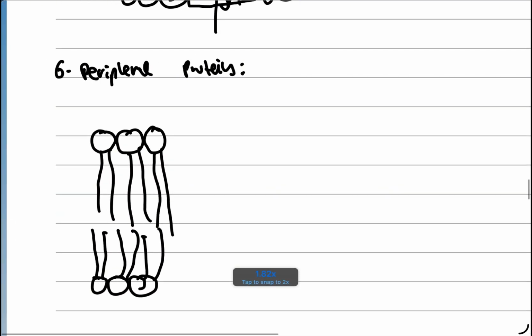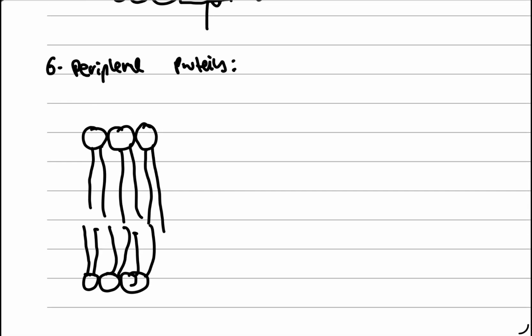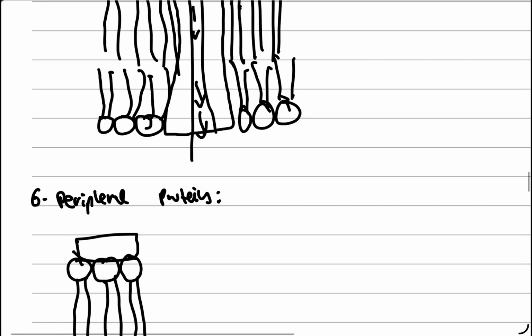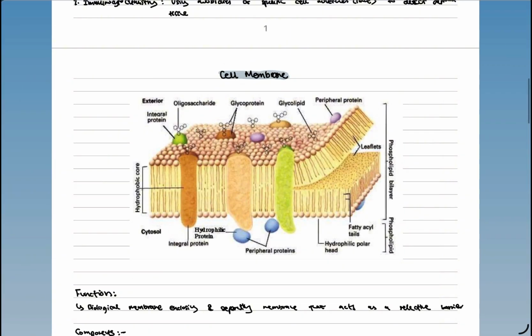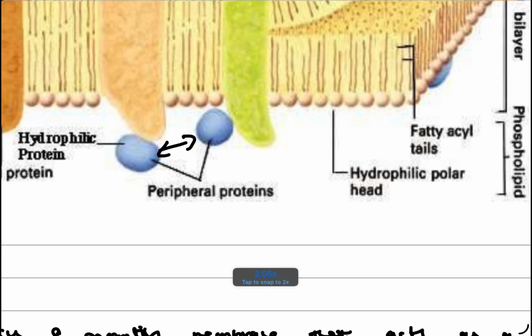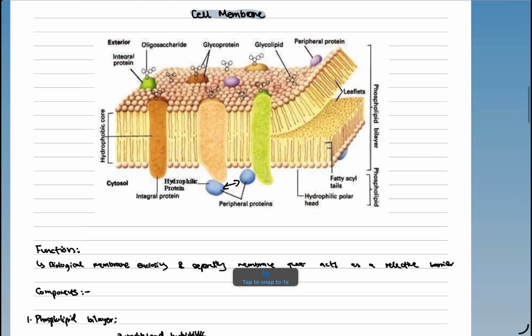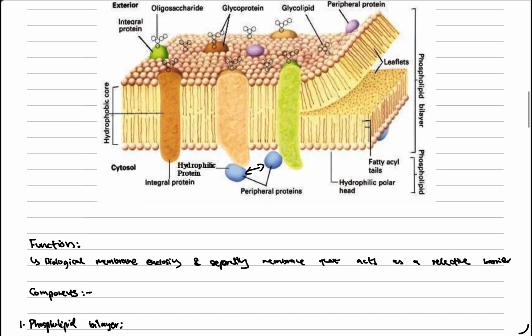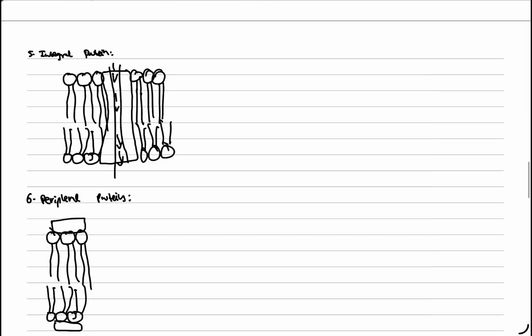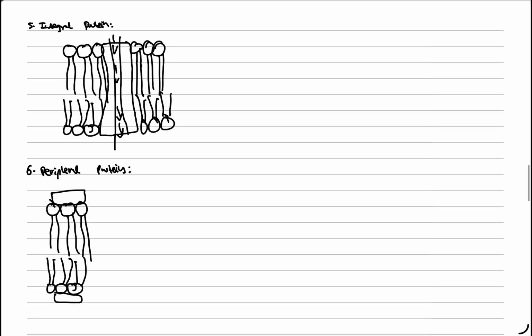These proteins are usually on the surface, so they're like this. We can look at examples of this here. These are peripheral proteins. They're usually on the surface. So that's the difference between integral and peripheral proteins. Integral means that it's integrated into the cell membrane, and peripheral means that it's a little farther. But those are the two types of proteins that you should know.